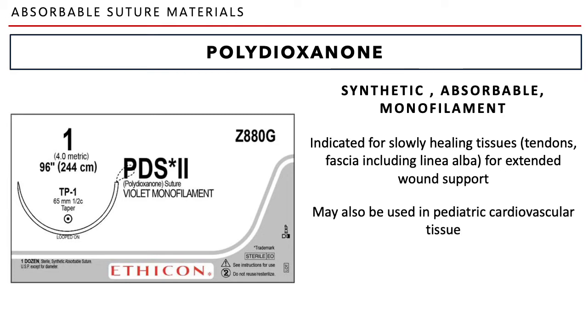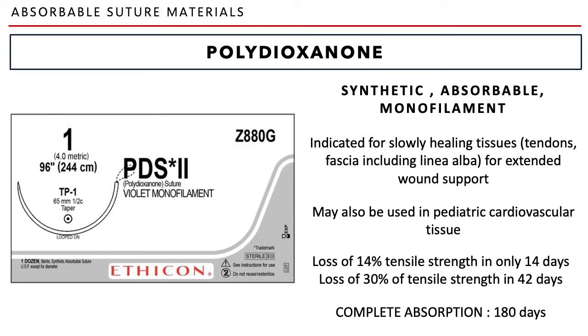It may also be used in pediatric cardiovascular tissue because you want that, as the animal grows and the wound heals, it would maintain strength within that tissue as this organ is continually moving. Complete absorption of this one is 180 days. So you would expect this one remains longer than the other sutures.